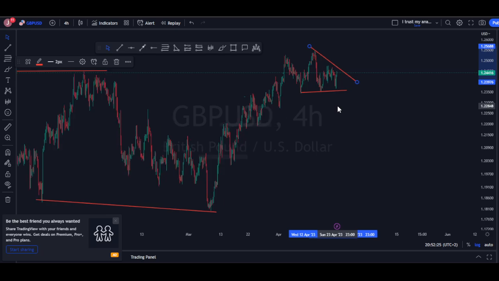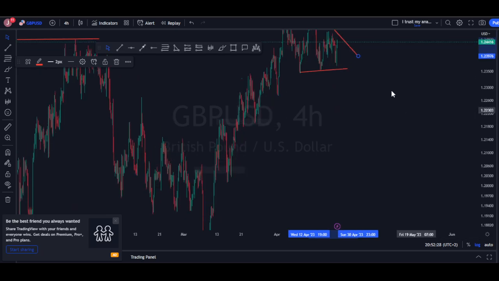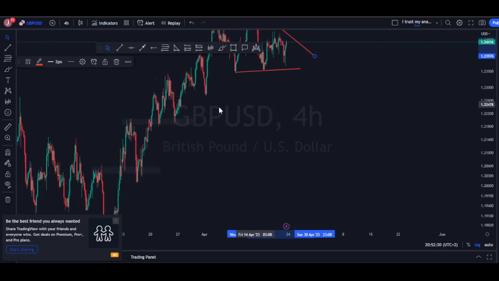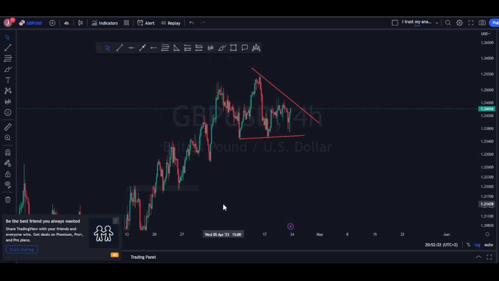Let me zoom in. Okay, it's not perfect or anything much, but it could be a triangle.